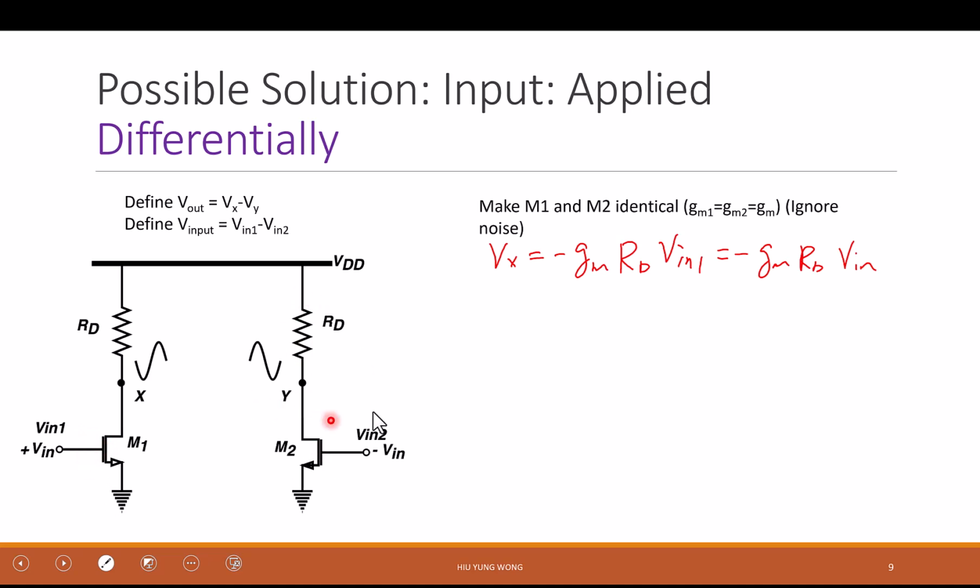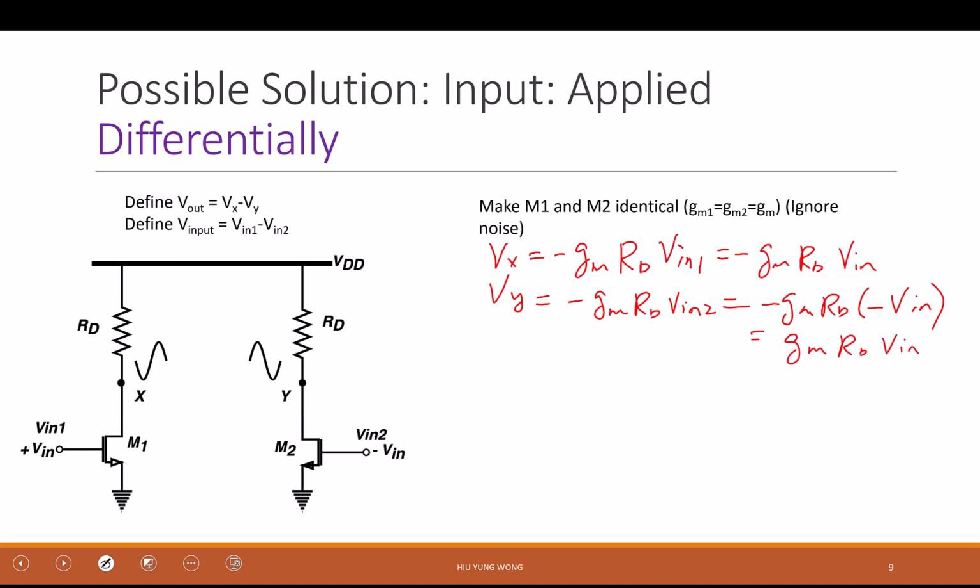Do not worry about the other parts. You can break them into two parts. How about Vy? Gm Rd V in 2. Negative Gm Rd, I put negative, I do one more step, negative V in, which is Gm Rd V in.